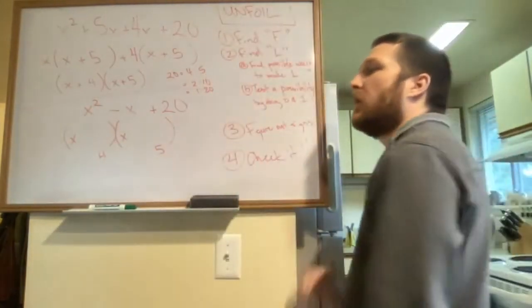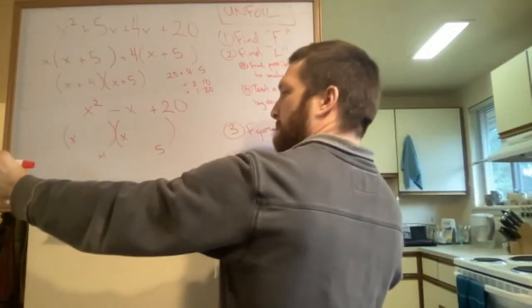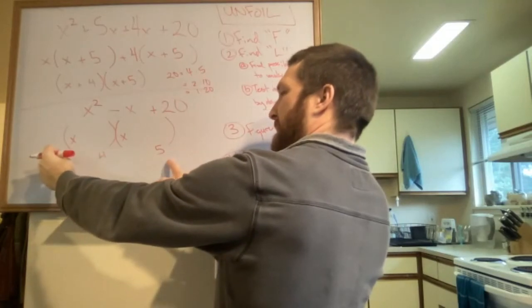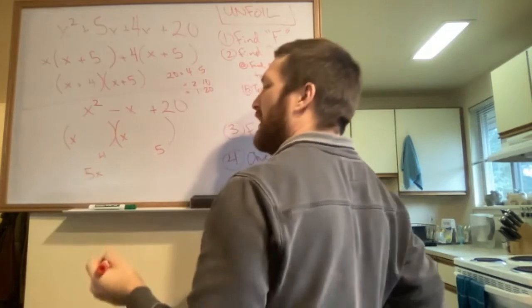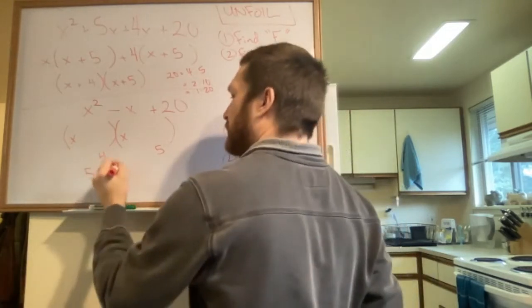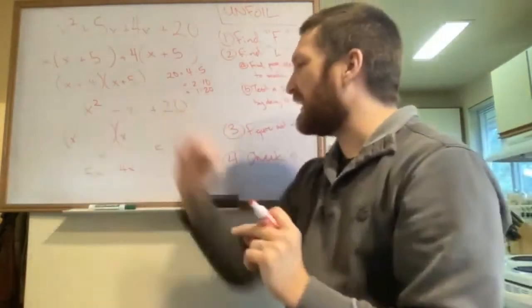So let's just try 4 and 5. Okay. Now, the outer will give me what? X times 5, or 5x. The inner gives me what? 4x. Is there a way I could combine those to make a negative x?